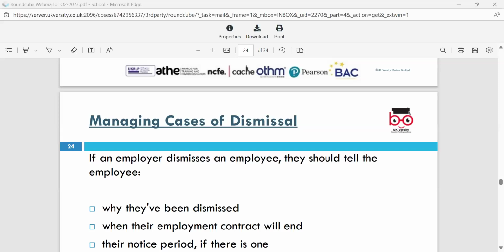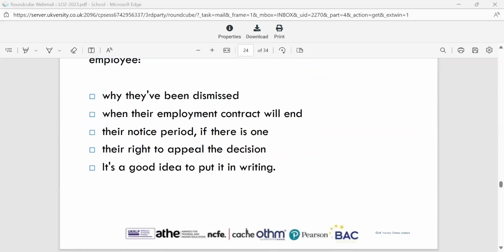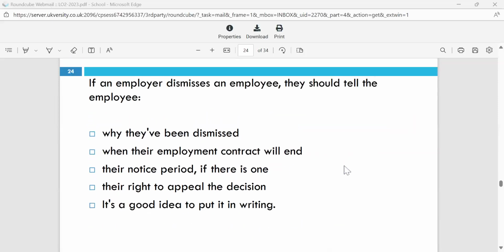Dismissal meetings need to be direct and honest, and you should prepare for negative reactions. State the facts of the case, provide the employee with the reasons for dismissal, and then focus on the next steps. After dismissal, inform the employee they have a right to appeal the decision, and how they can do this.